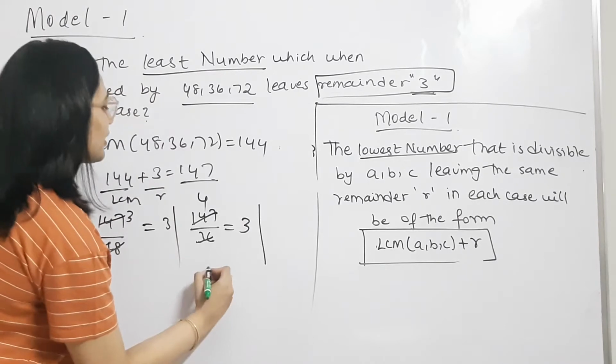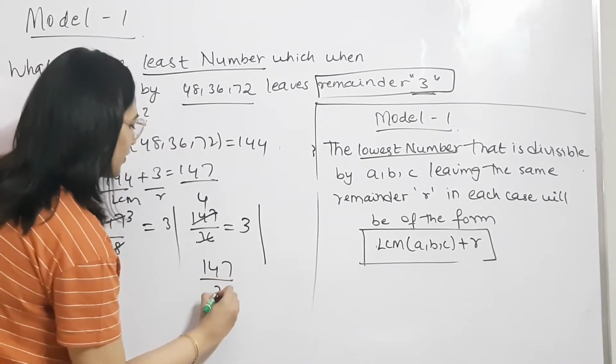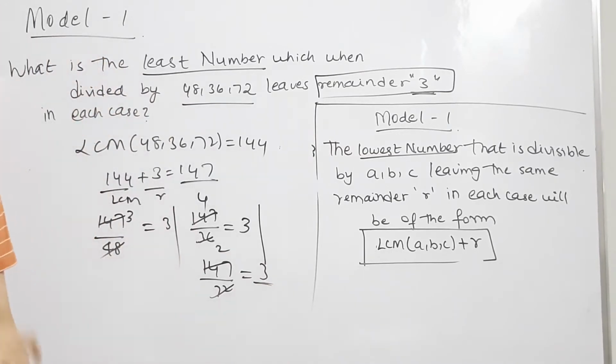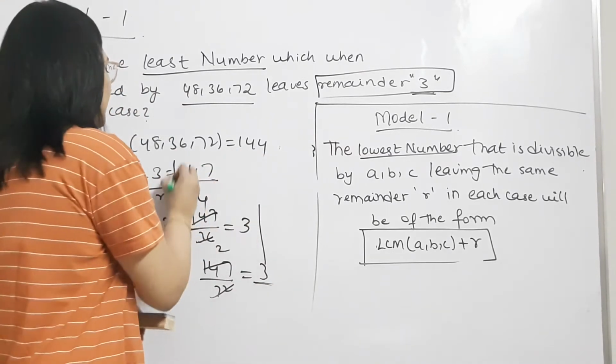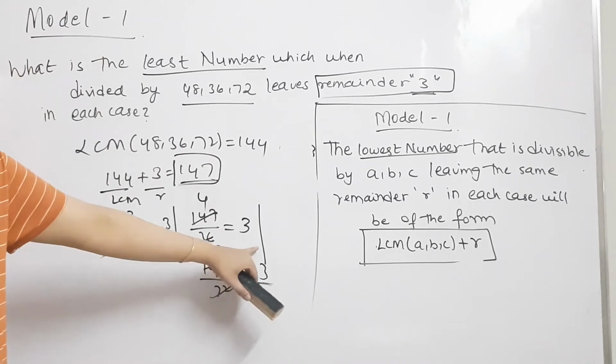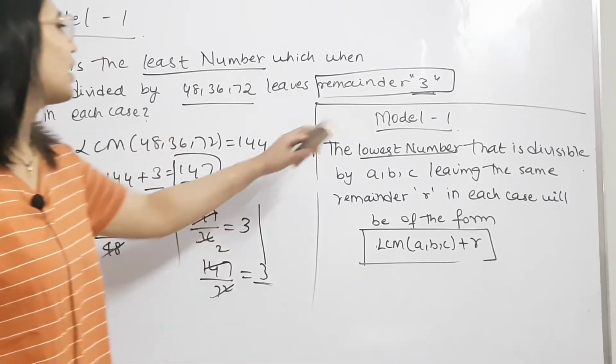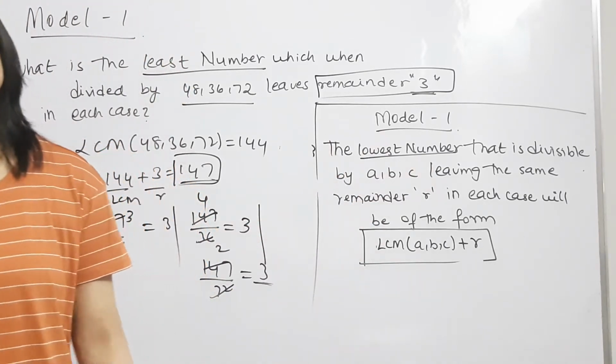Again, when 147 is divided by 72, 72 ones are 144, again you got the remainder 3. So you can check yourself. Take this final result and divide by these 3 to see whether you are getting the remainder 3 or not. In this case, you are getting the remainder. Hence, this is how you solve the problem.